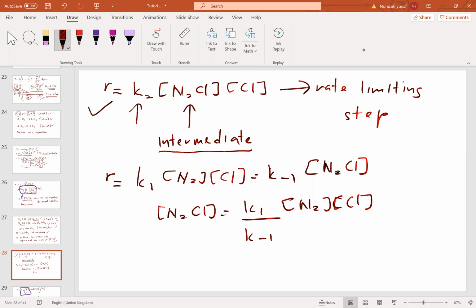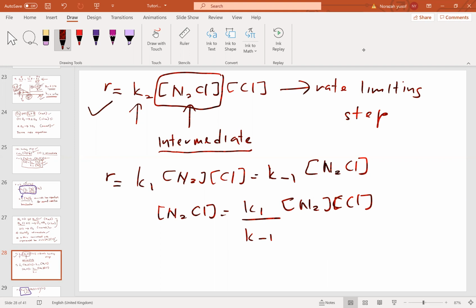The rule is that an intermediate cannot be used to determine the proposed rate equation for the overall reaction. So what we can do is to replace the expression of N2Cl.